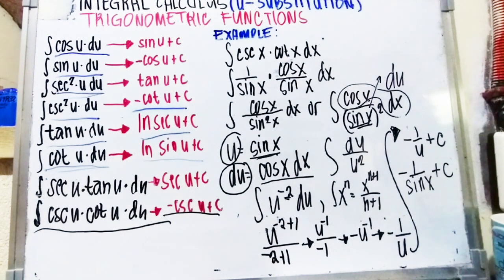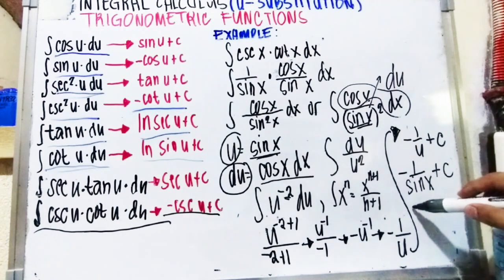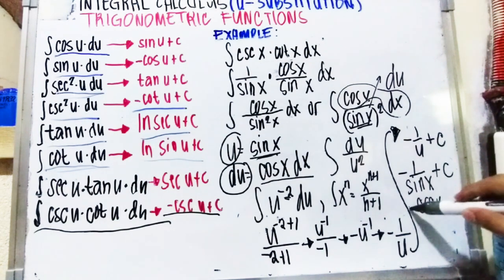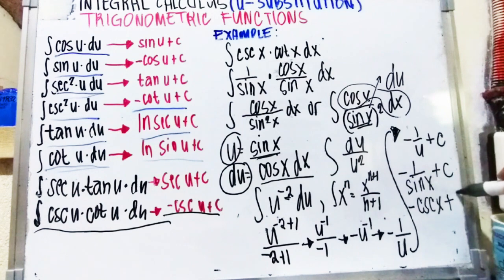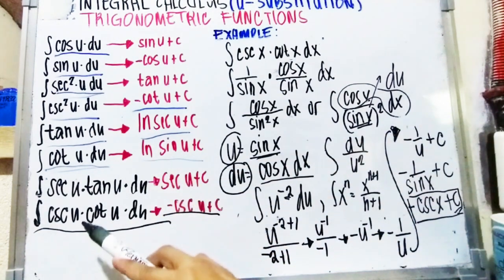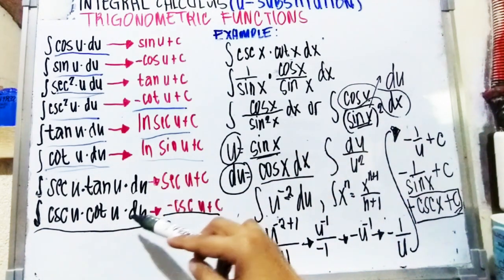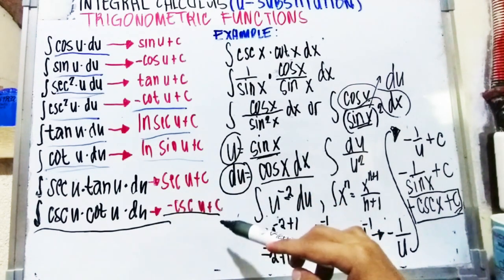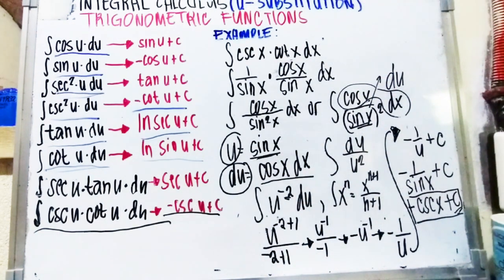Recalling our identity, trigonometric identity for 1 over sin x is also equals to cosecant x, so negative cosecant x plus c. Therefore, na-prove natin na yung integral of cosecant u cot u du is equals to negative cosecant u plus c using this example.